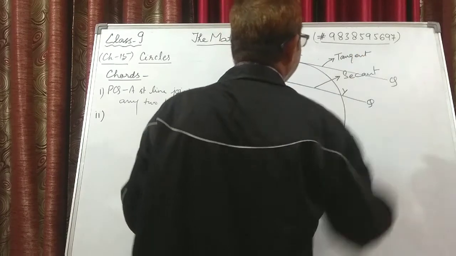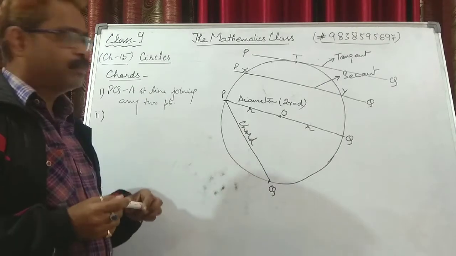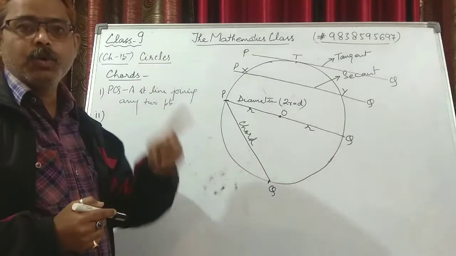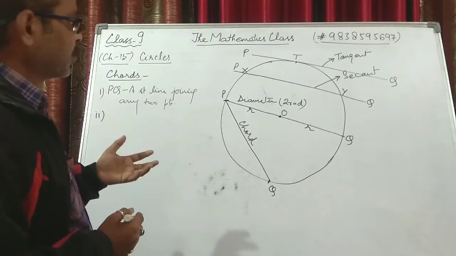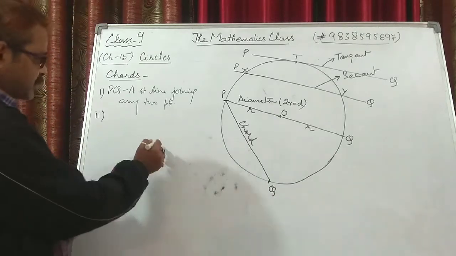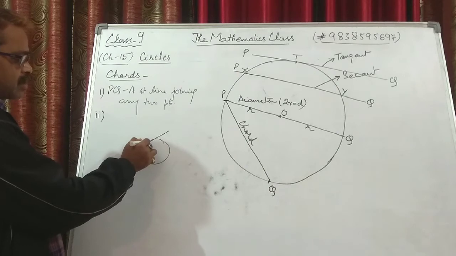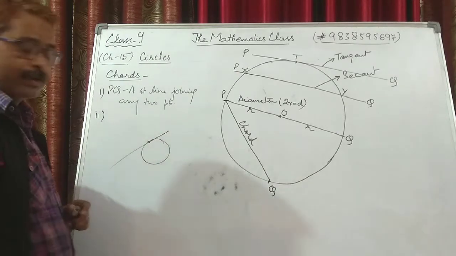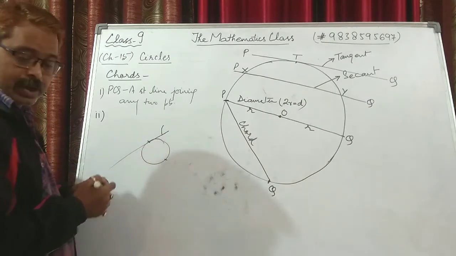Now what is the meaning of tangent? Tangent is a straight line which touches the circle only at one point. Suppose I take a circle and a line something like this is drawn. It touches the circle in only one point. So this will be known as tangent.